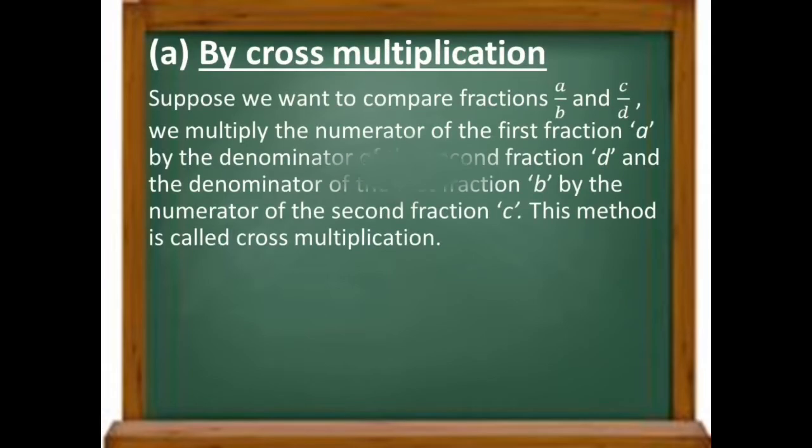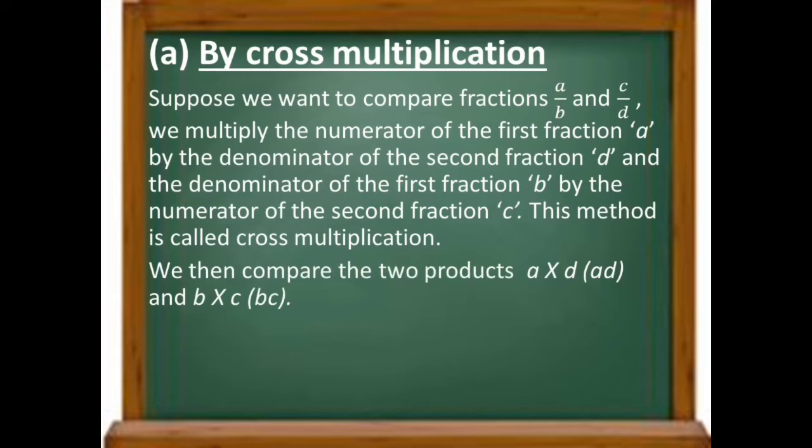Suppose we want to compare fractions a by b and c by d, we multiply the numerator of the first fraction a by the denominator of the second fraction d, and the denominator of the first fraction b by the numerator of the second fraction c. This method is called cross multiplication.